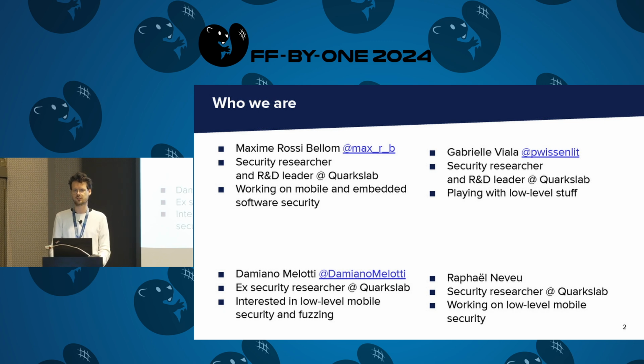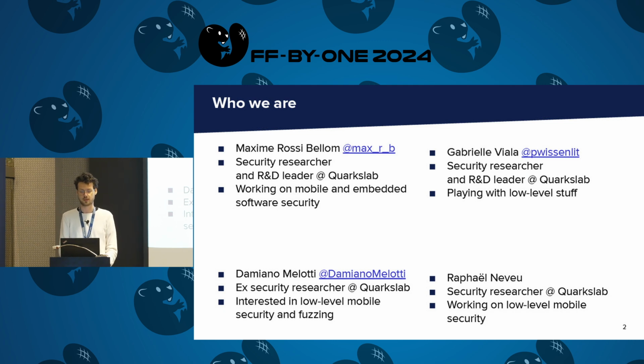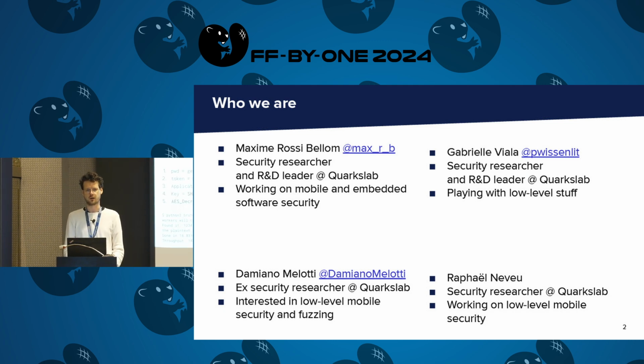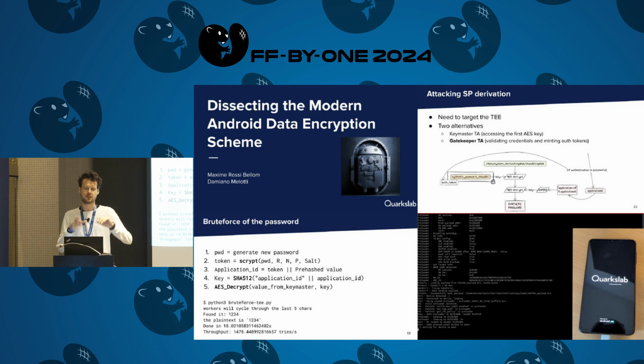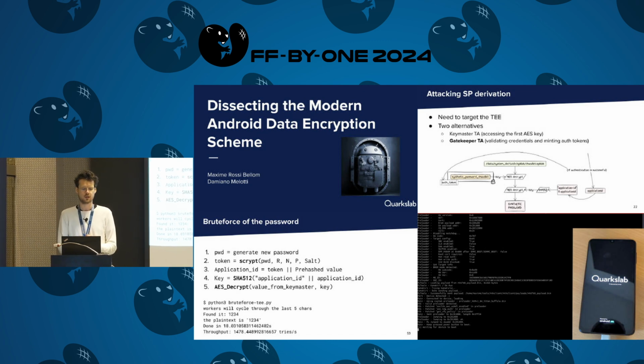This research actually started from a previous research that we had done the year before on the Android Data Encryption Scheme. In that research, we wanted to figure out the details of how data encryption at rest works in modern Android.